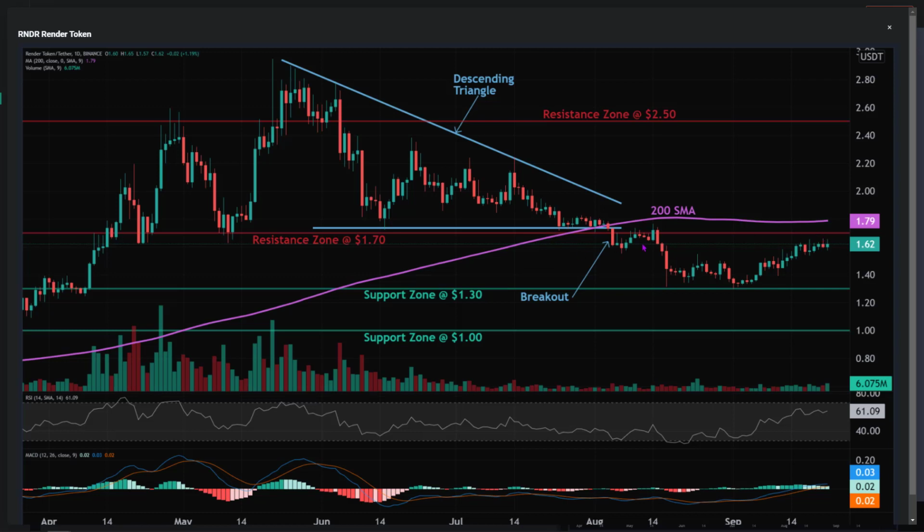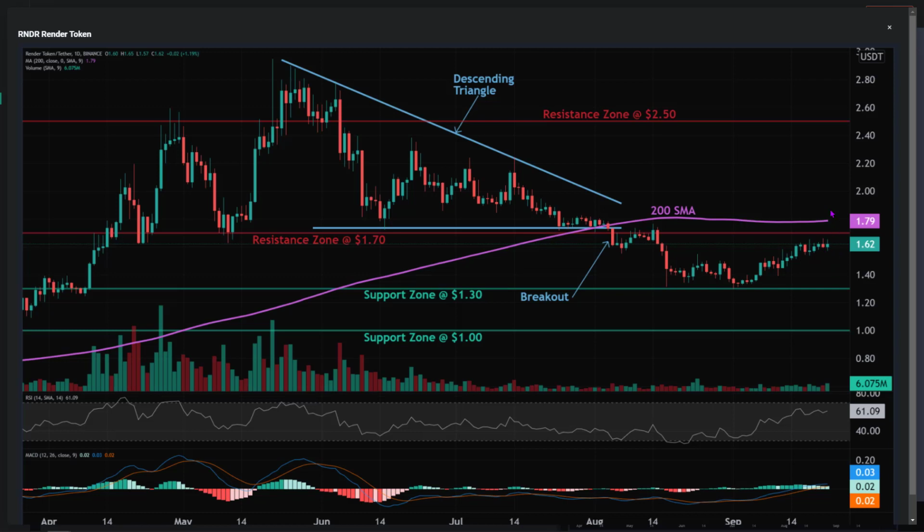And so now this area that acted as support in the past has become resistance, and it also lines up with the 200-day moving average. So this is a very critical area that the price needs to conquer and break above. It may not happen on this approach. Most likely it's going to get rejected here and come back.